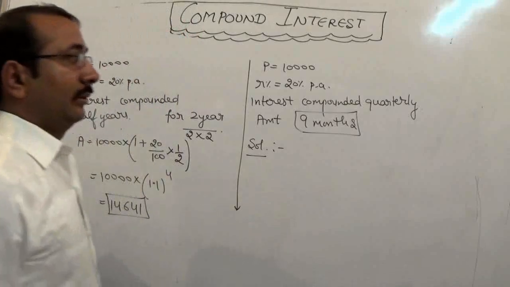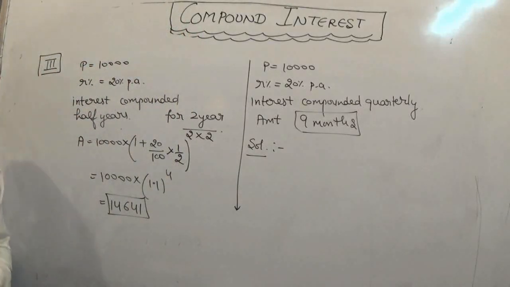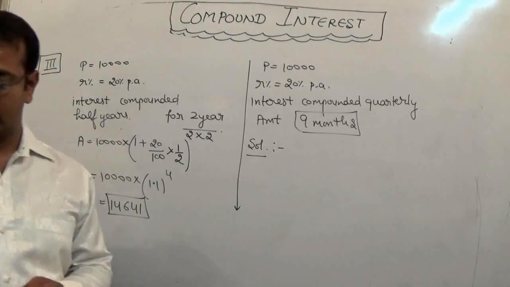Pay attention to what the question talks about. My principal is 10,000, rate of interest is 20% per annum and interest is compounded quarterly. I have to find the amount in 9 months.